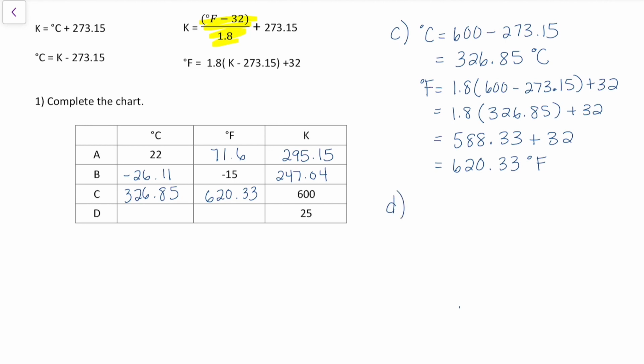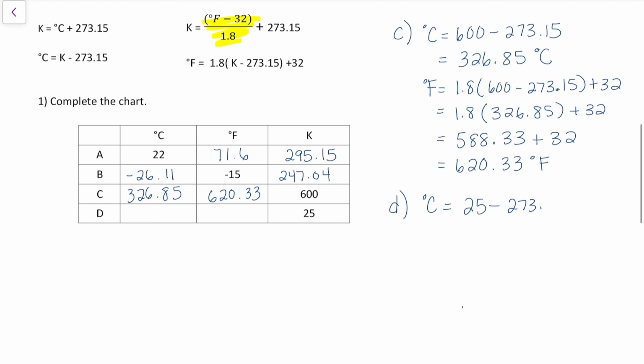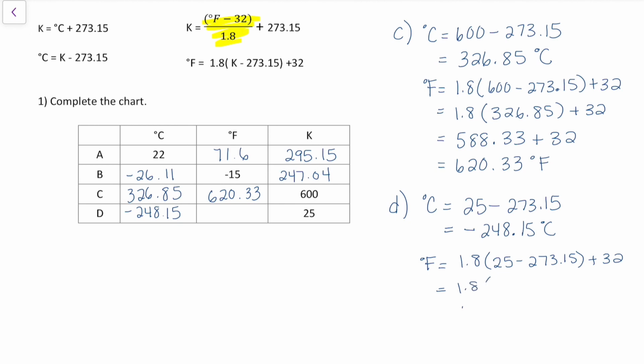And then for D, we can follow a similar pathway for 25. If I want to go to Celsius, I'm going to take 25 and subtract 273.15, which gives negative 248.15. And for Fahrenheit, again, we're going to do our brackets first.